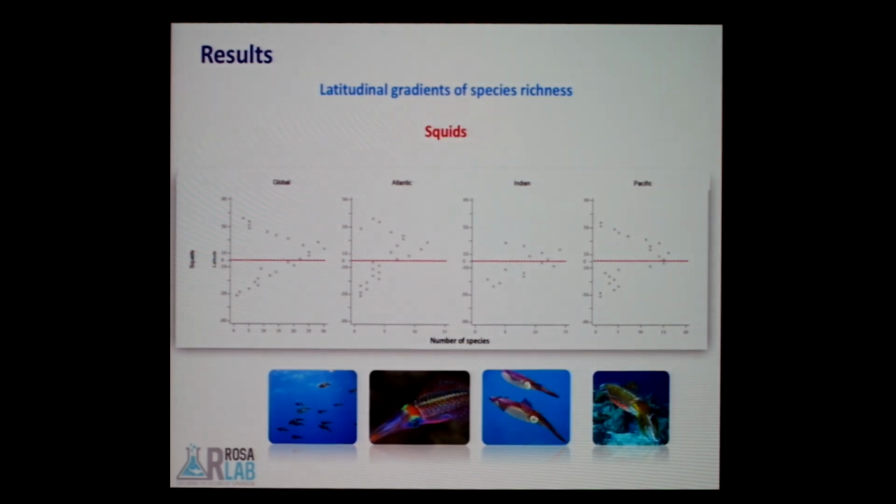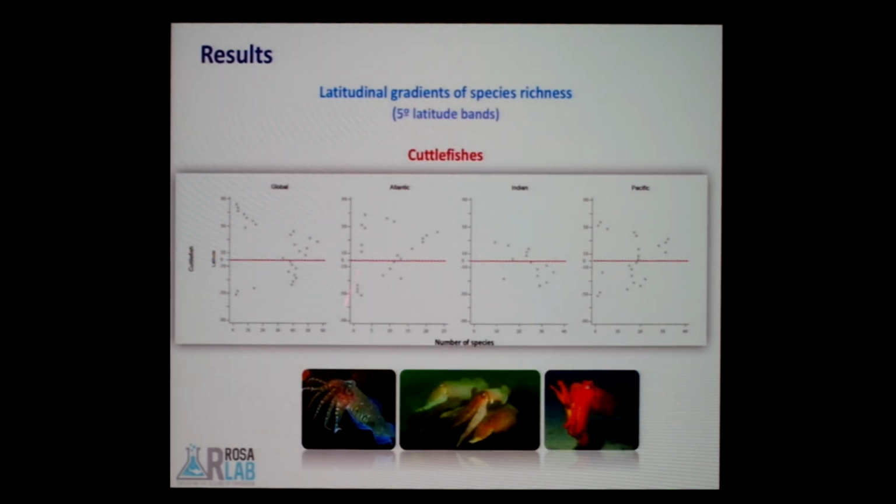You can see this a little bit different for the squids. Definitely the squids really seem unimodal because they have a zenith around 10 degrees north, but it's just unimodal. More or less the same thing in the Atlantic. But the take-home message is that on the overall, it's completely different from the cuttlefish.